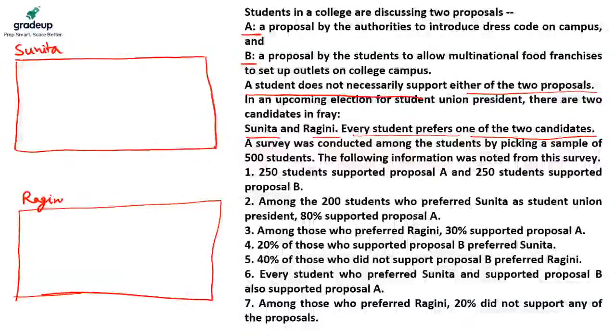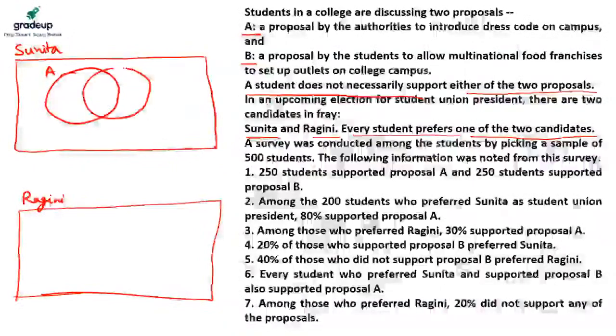And what kind of Venn diagram are we going to form? Those people who are supporting A, those people who are supporting B. Obviously there can be some persons who are supporting neither A nor B. Here we will write the total number of persons supporting Sunita, and here the total number of persons supporting Ragini.